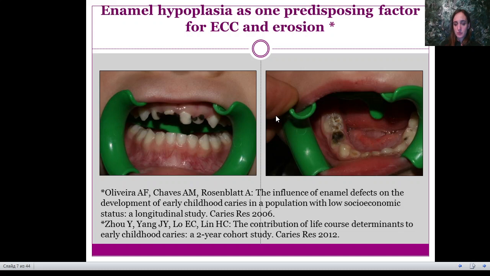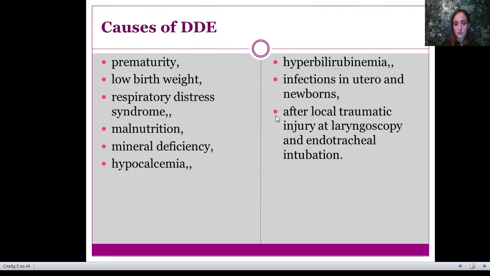And we have different causes, such as respiratory distress syndrome, malnutrition, hypocalcemia, mineral deficiency, and others.